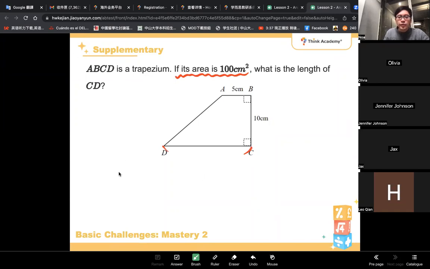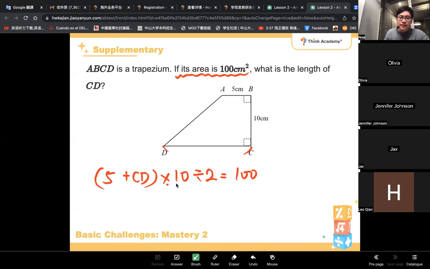So what's the formula of area of trapezium? What is the formula of area of trapezium? It's the sum of two parallel sides times height divided by 2, right? So we know the sum of two parallel sides. We have 5 here, but we don't know CD. So we have 5 plus CD, times the height divided by 2 will be 100 square centimeter.